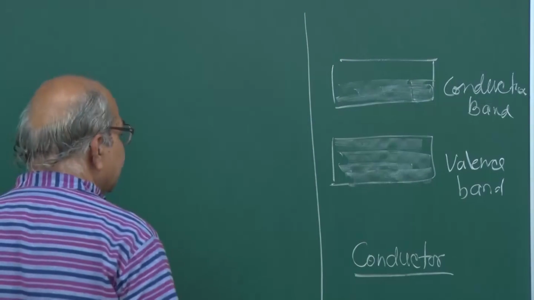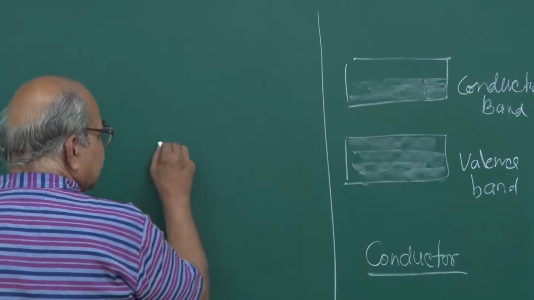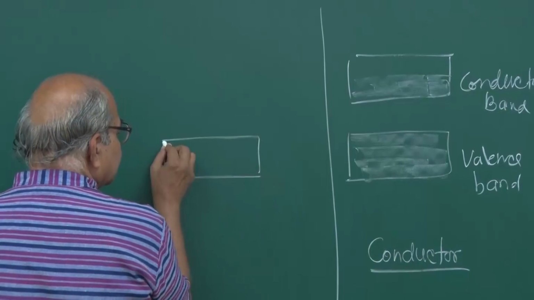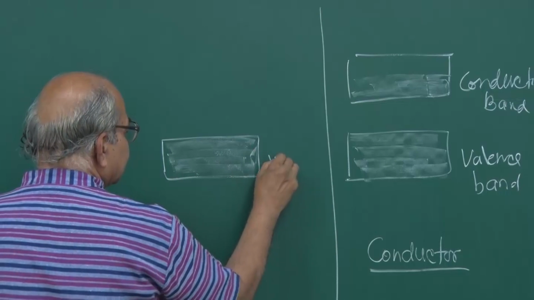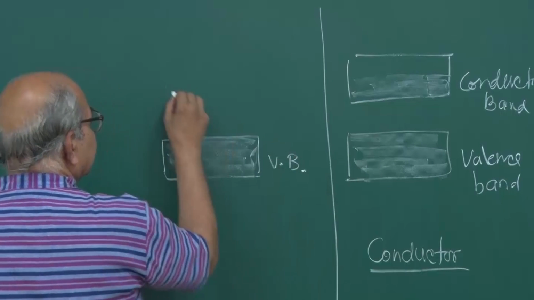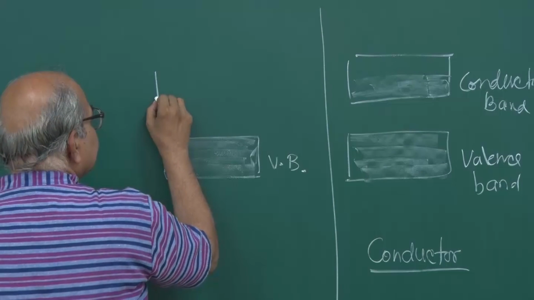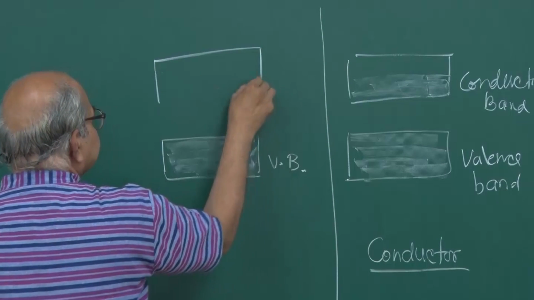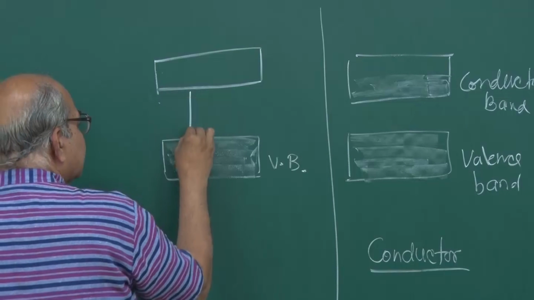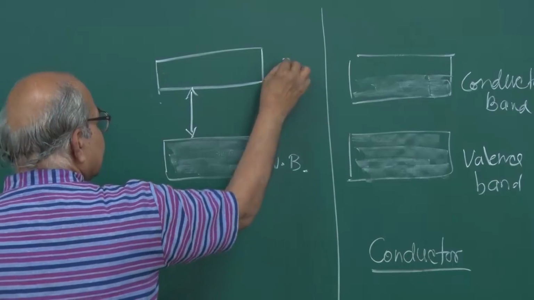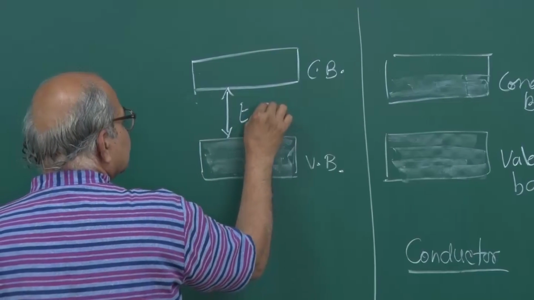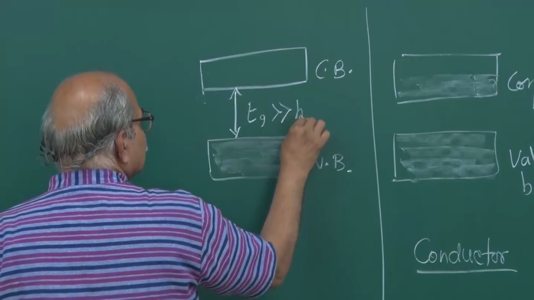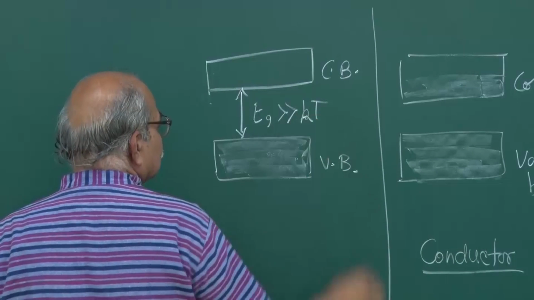Then the other variety is that the conduction band is completely empty. So valence band is here, and the conduction band is completely empty, and this energy gap between the valence band and conduction band is much larger than kT.